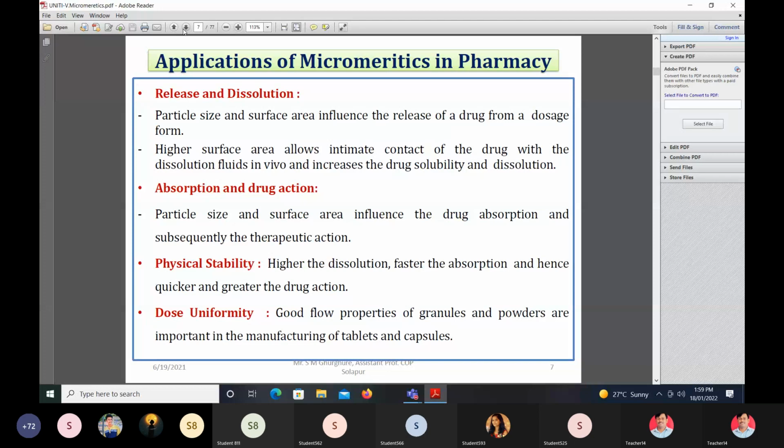High surface area allows intimate contact of the drug with the dissolution fluids in vivo, and increases the solubility of the drug molecules. And once the solubility is enhanced, then automatically the dissolution rate of the drug is also going to be increased.